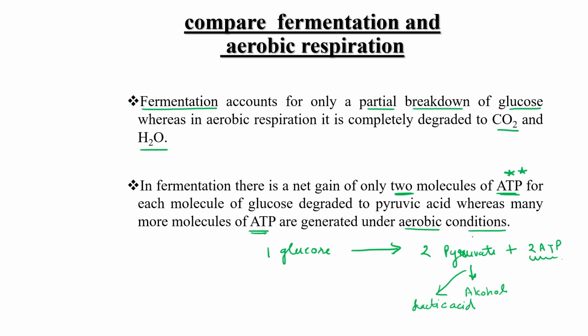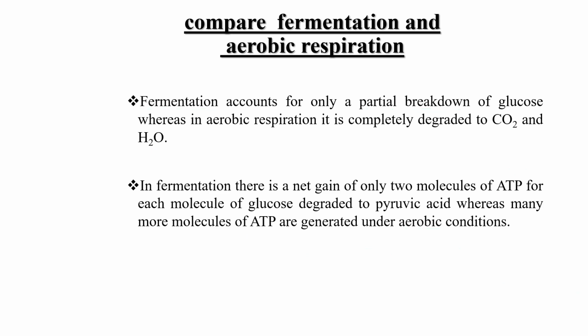That's why we can use the term complete oxidation during aerobic conditions. That is the third part, where it converts into carbon dioxide, H2O plus ATP. A huge amount of ATP, or I can write 38 ATP. So this is the difference between fermentation and aerobic respiration.